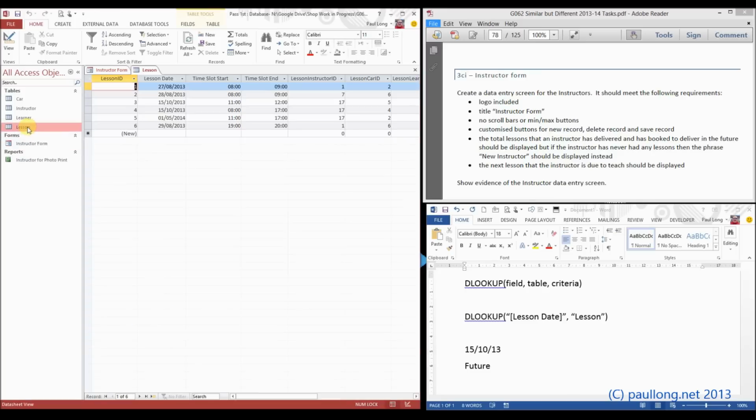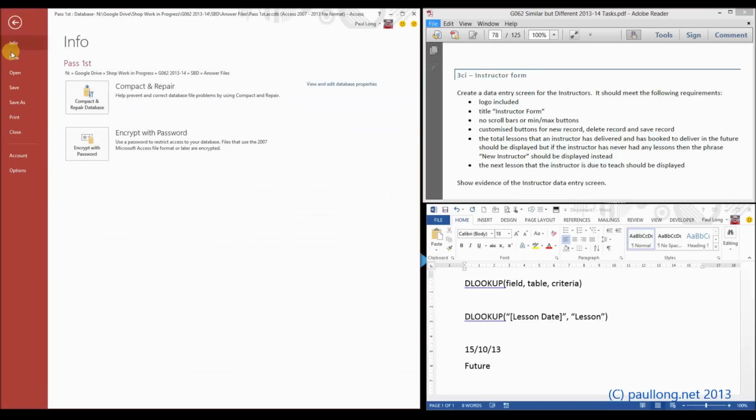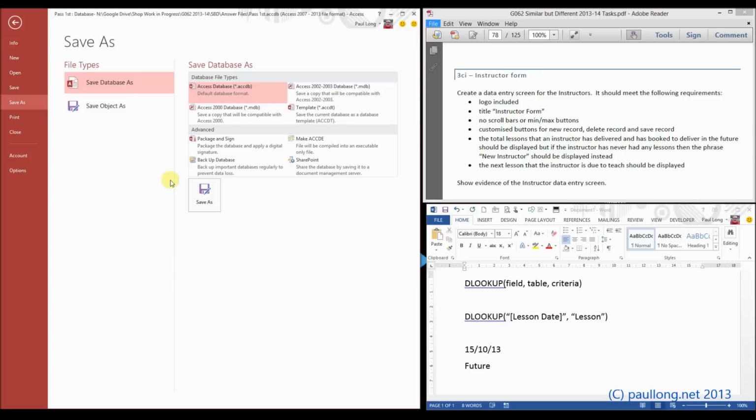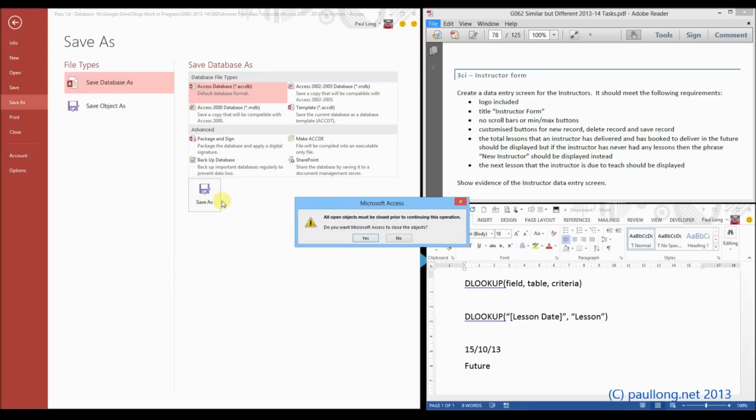Now I've made a lot of changes to this lesson table, so I've either got to reprint this out again, ready for question 3 part B, or I need to put those changes back to what they were originally. What you should be doing is saving your database regularly. At this point, this is 4C that we've just finished, so I'm going to save as, I'm going to save my database.